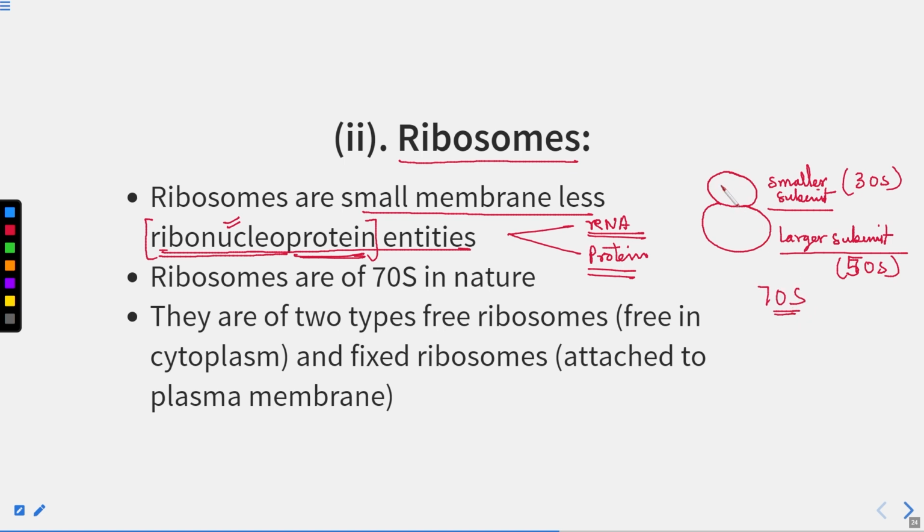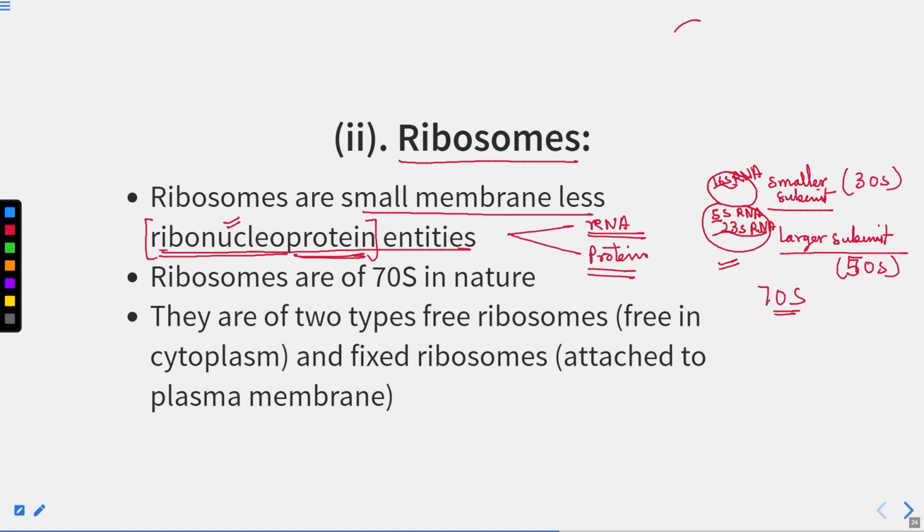The smaller one contains 16S RNA, and the larger one has 23S RNA and 5S RNA. Two components of RNA are here, and this is the peculiarity of bacteria.